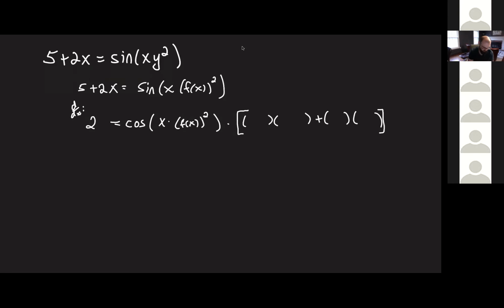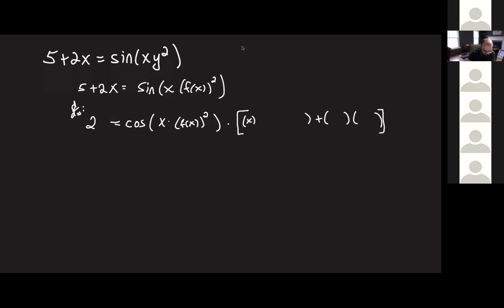As we go through, I'm going to think about my two pieces. I have an x and I have an f of x squared. On the first pass, I'm going to leave my x alone, and then multiply by the derivative of the next function.